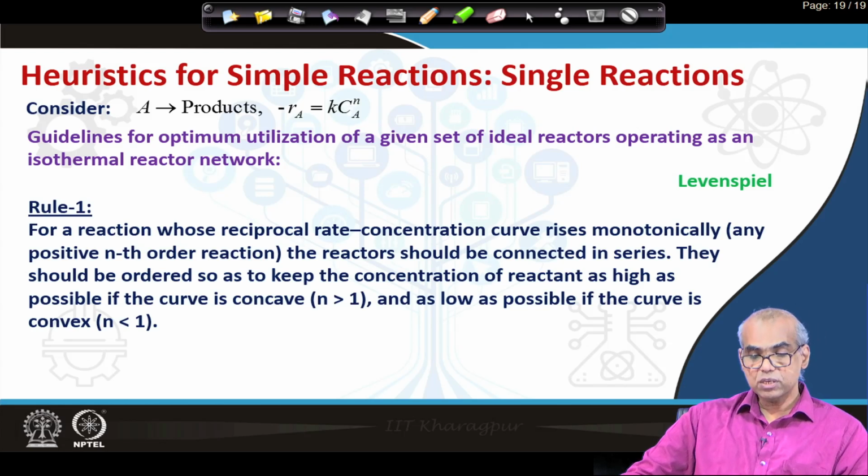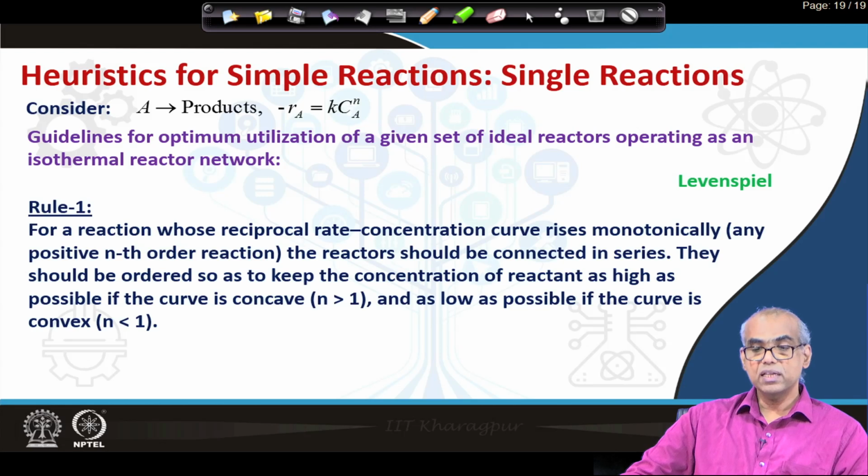For a reaction whose reciprocal rate concentration curve rises monotonically, any positive nth order reaction, the reactors should be connected in series. They should be ordered so as to keep the concentration of reactants as high as possible if the curve is concave, that is n is greater than 1, and as low as possible if the curve is convex, that is n is less than 1.